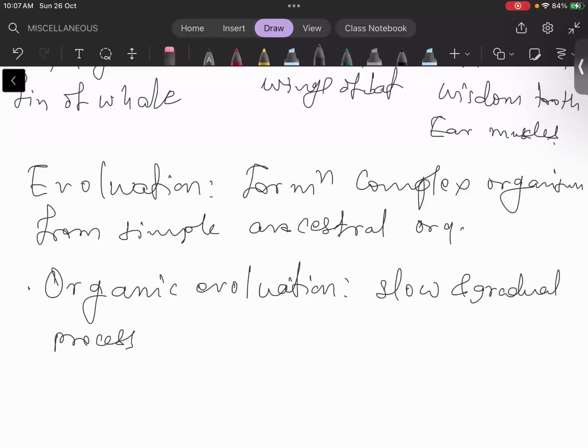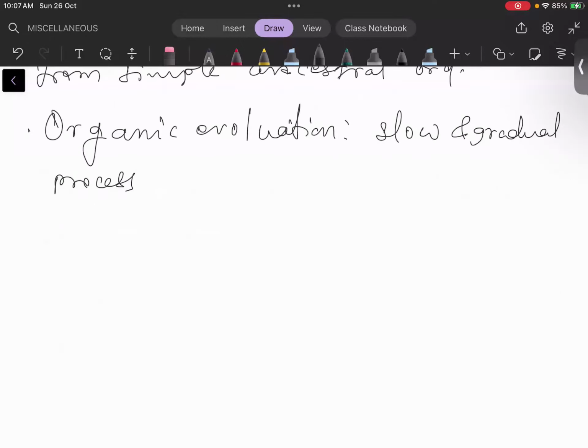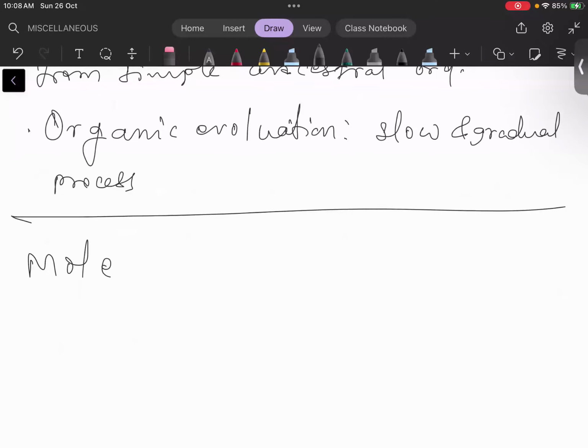So now we'll begin with mole concept. So this is the end of the second chapter. Mole concept. Now what is mole? Mole is defined as the amount of substance present that contains as many particles.